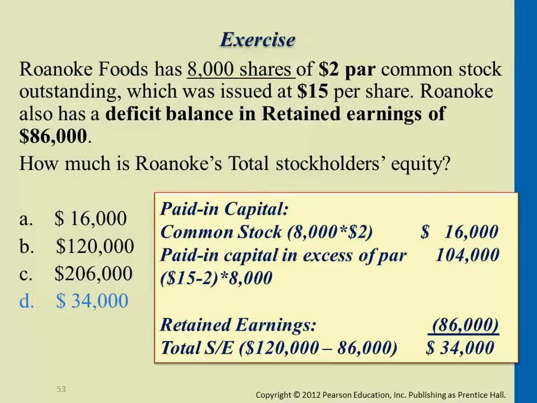Because we're calculating the total equity, so upper part, this is the contributed capital, this is the negative balance of retained earnings. Okay, generally speaking, later on, once the company starts generating net income, if this part is positive, usually it's positive, for most cases you see here, then we would add paid-in capital and retained earnings. But this is a problem that tells you it's a deficit balance, meaning they haven't generated net income yet, so we subtract it.